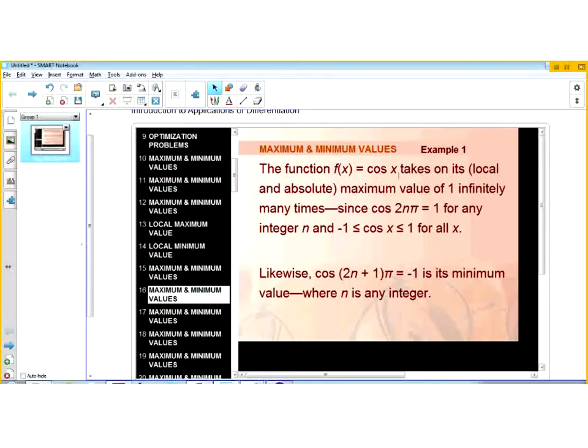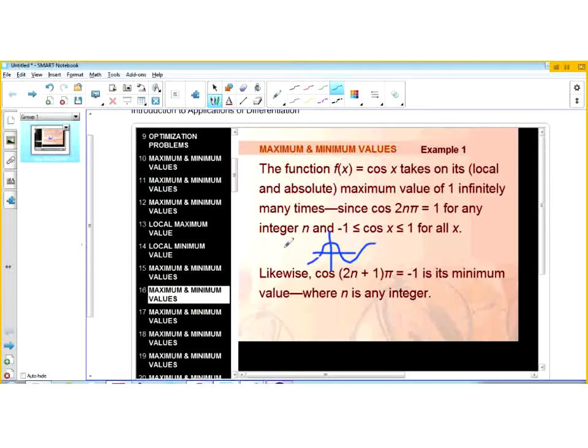So consider the function f of x equals cosine x. It takes on local and absolute maximal values of 1 infinitely many times, since we know that the cosine of 2n pi is equal to 1 for any integer n, and we know that the range of the cosine function is between -1 and 1 for all x. So look at the graph of the cosine function. It goes like this.